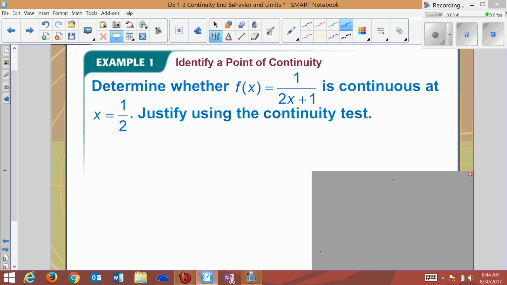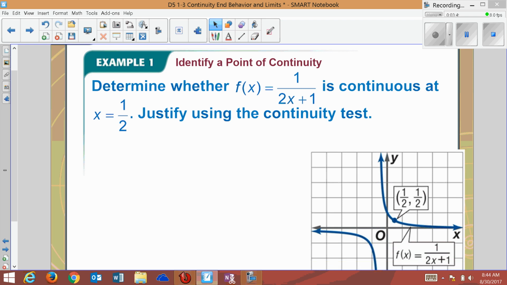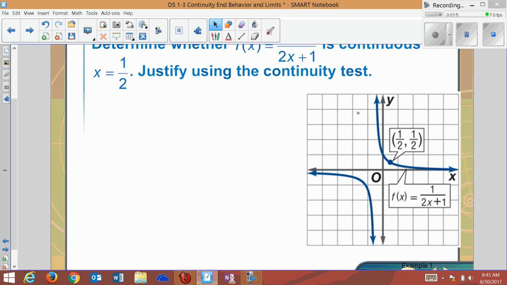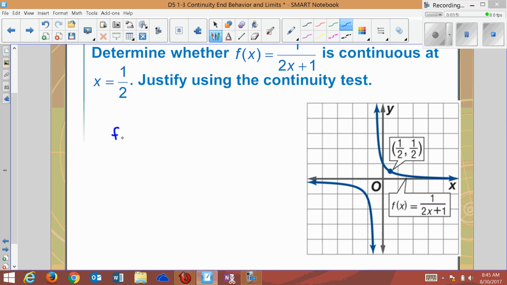All right, first, if we look at the graph, we'd be able to tell really quickly if this is continuous or not. Here's the graph. Now, on this graph, you can see that the whole function has a discontinuity. The function has infinite discontinuity.